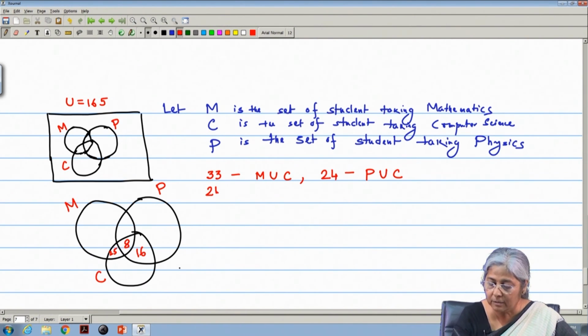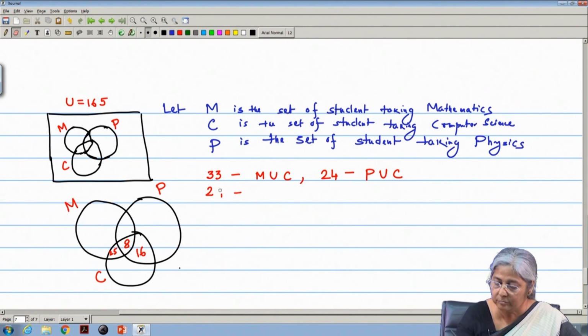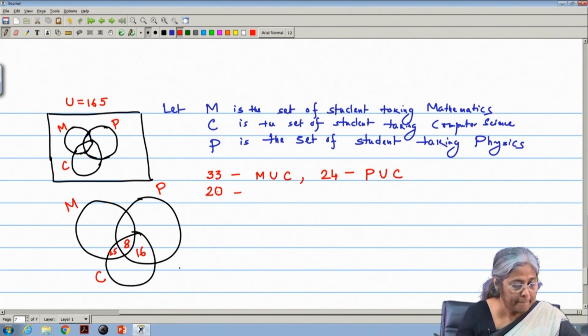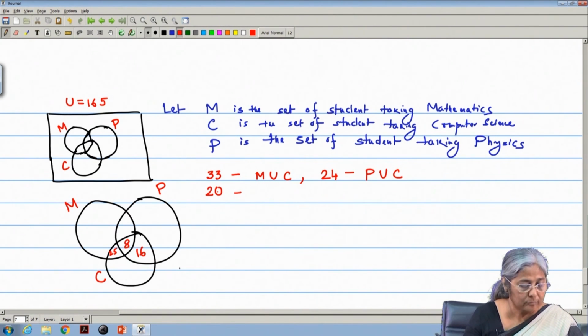And similarly, 20 students are taking maths and physics, so this will be 12.